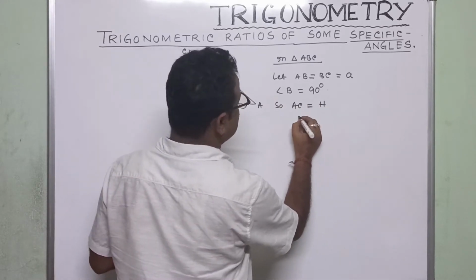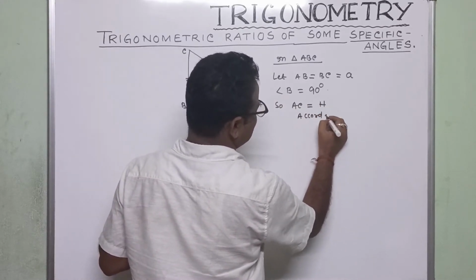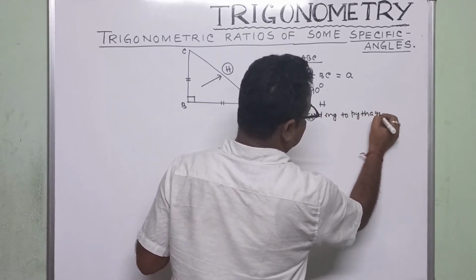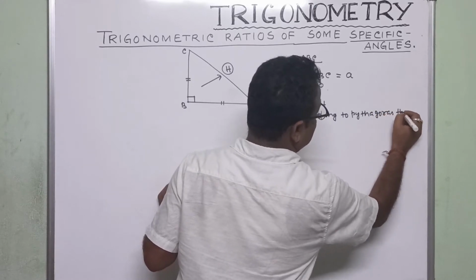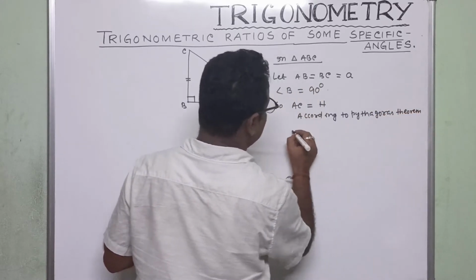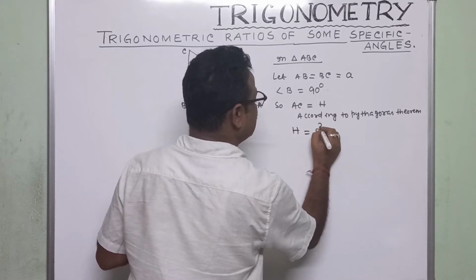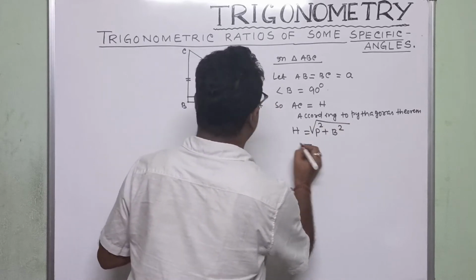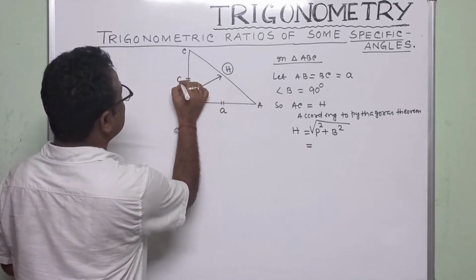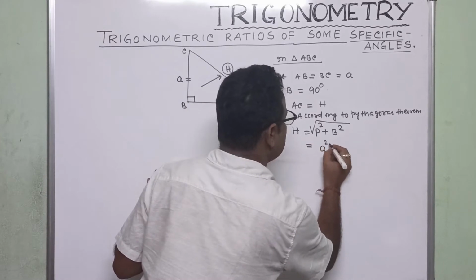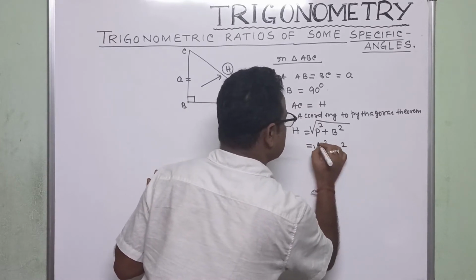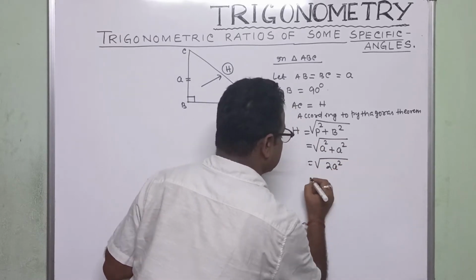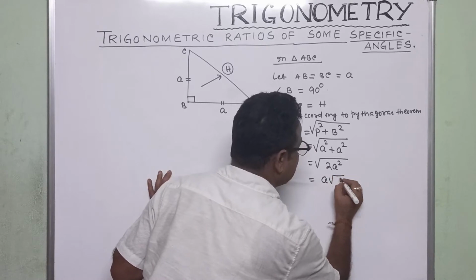Now, according to Pythagoras theorem, H is equal to the square root of P square plus B square. We have taken both sides as A, so A square plus A square under the square root is the square root of 2A square, which we can write as A root 2.